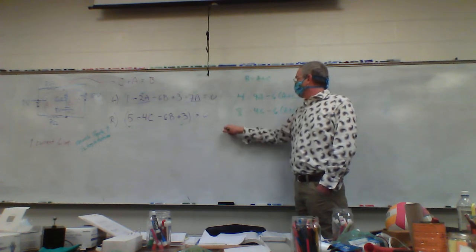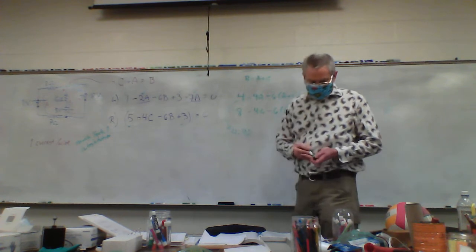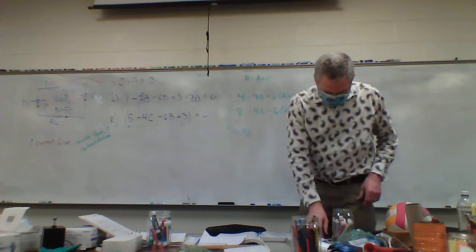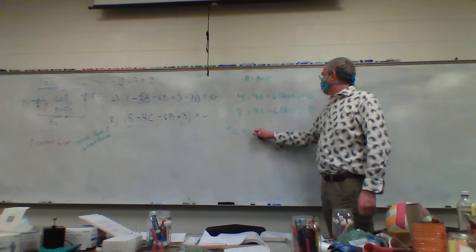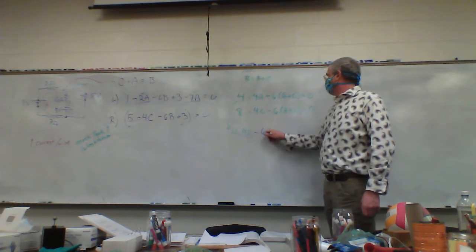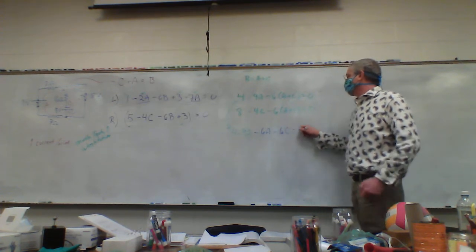Simplifying this, this becomes 4 minus 9a minus 6a plus minus 6c equals 0.